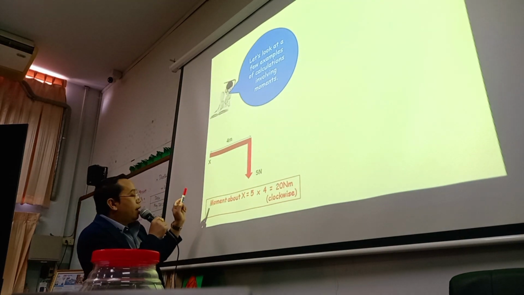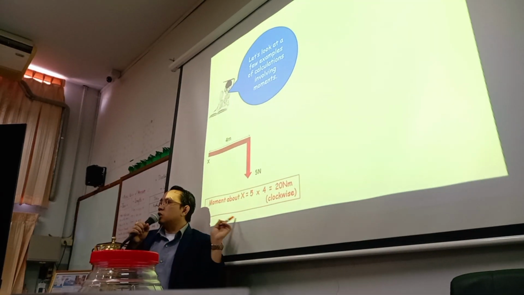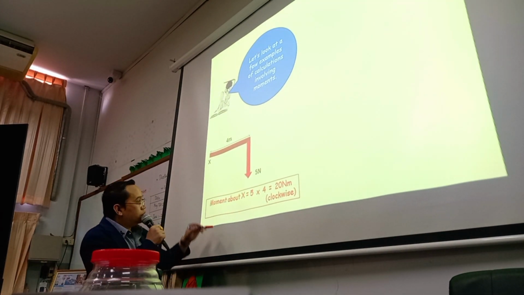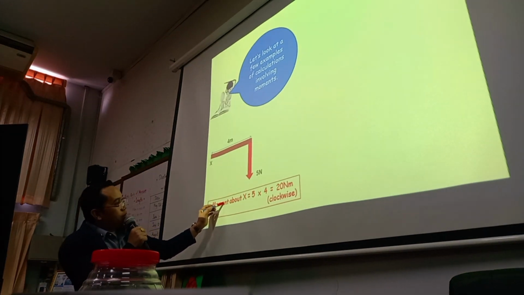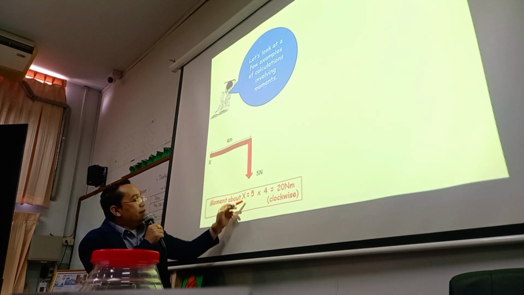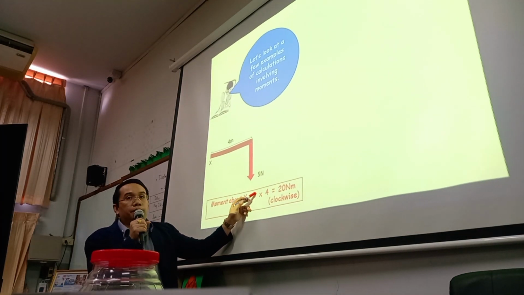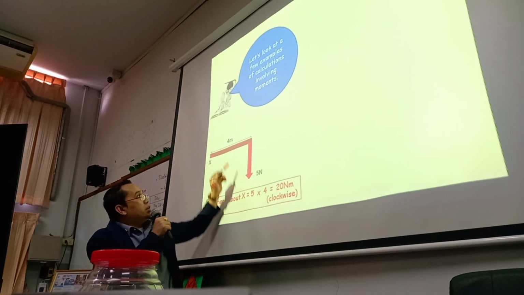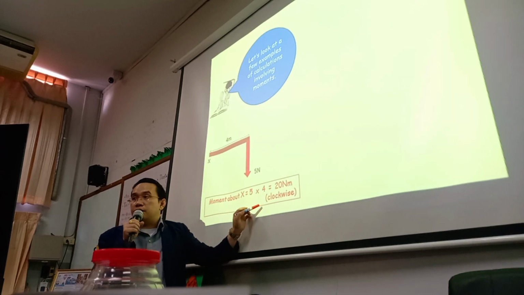Again, how to solve problems related to this. Moment of force: we need to find the moment about X, which is 5 newtons, the force, times 4 meters as distance.